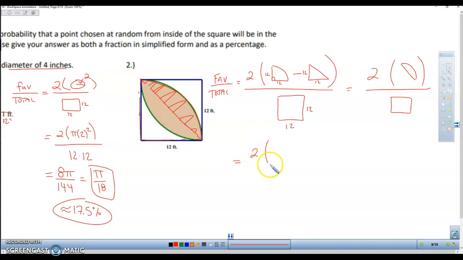This is 2 times, this is a quarter. That sector is a quarter of a circle with a radius of 12. Minus, we got a triangle, and the area of a triangle is 1/2 base times height, divided by the entire area of the square, of course, is 144.